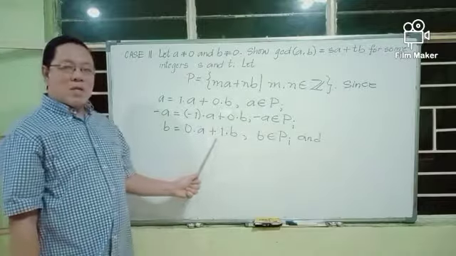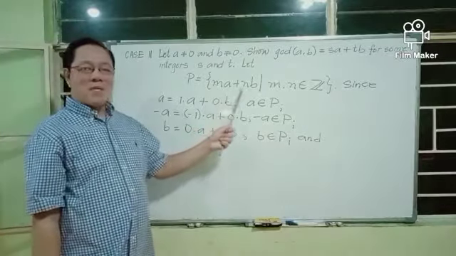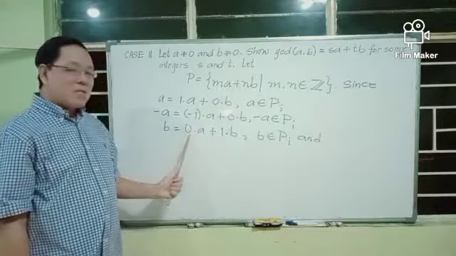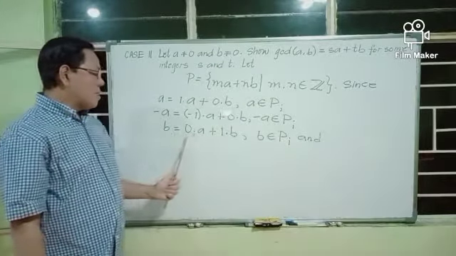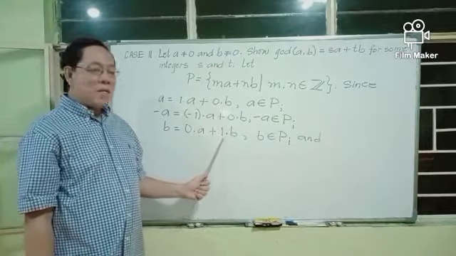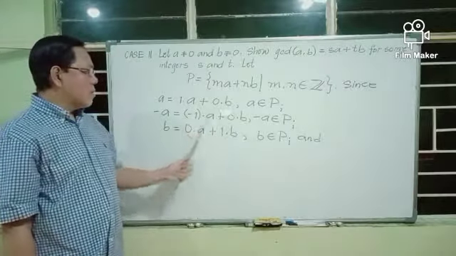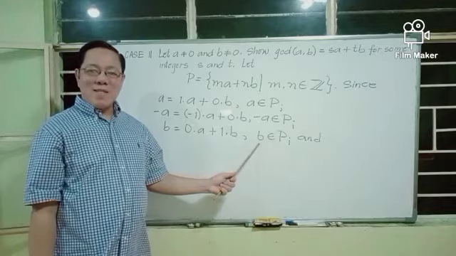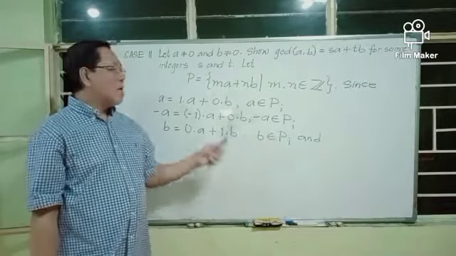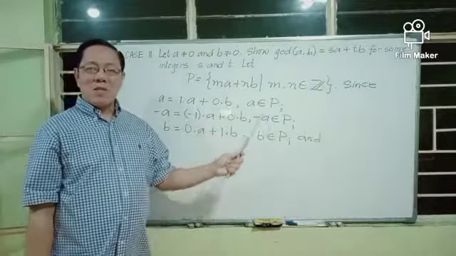And this expression is of this form, ma plus nb, where m now is 0 and n is equal to 1. Therefore, b is a linear combination of a and b for m equals 0 and n equals 1. Thus, we conclude b is an element of set P, the set of all linear combinations of a and b.